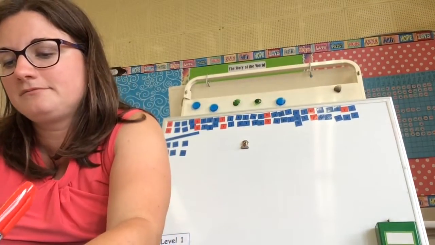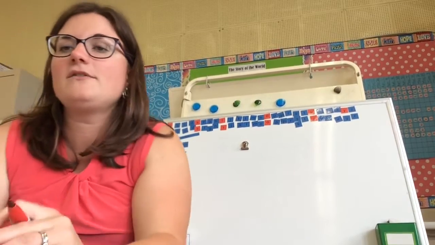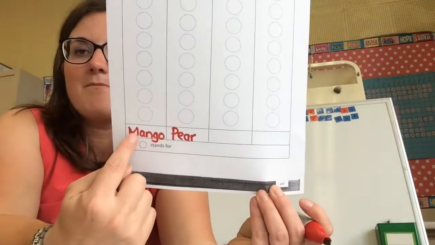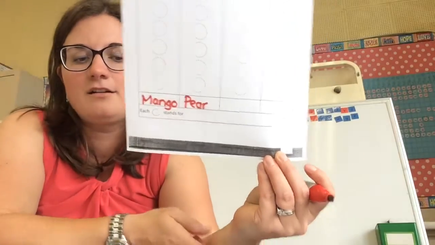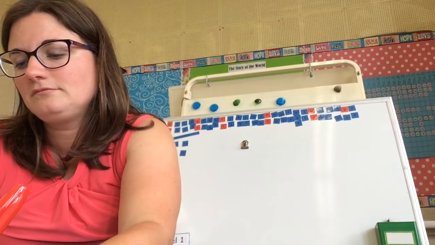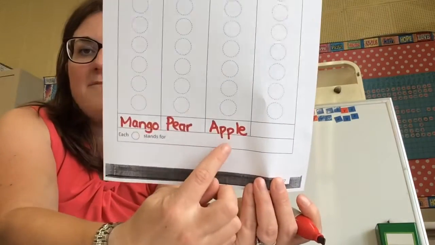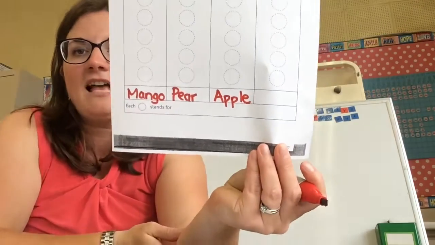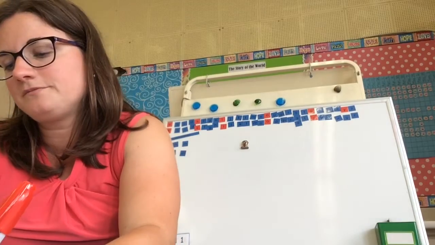Now over beside it, we'll write pear in the next one. Press pause if you need a little bit more time. So we've got mango, we've got pear. The next one's going to be apple. Okay, apple. And then the last one is going to be orange.